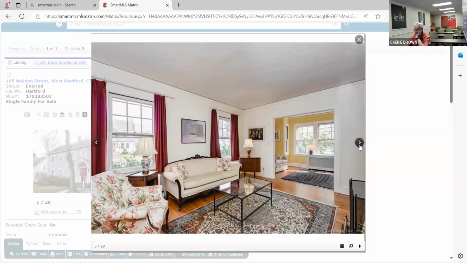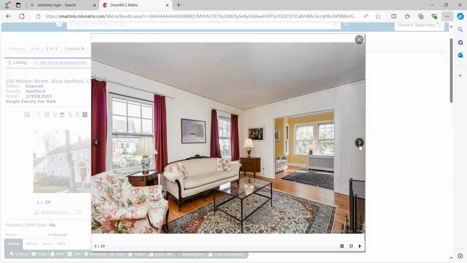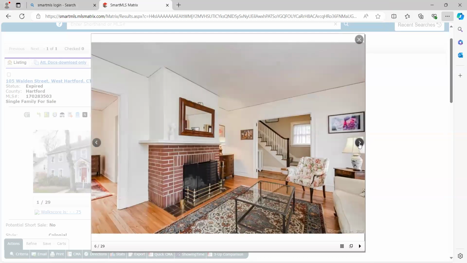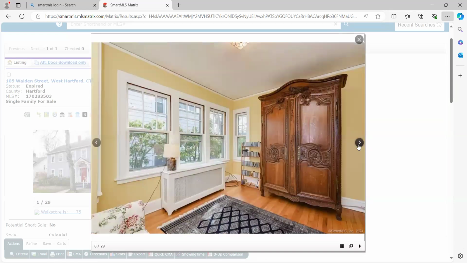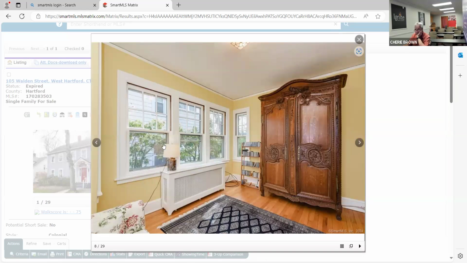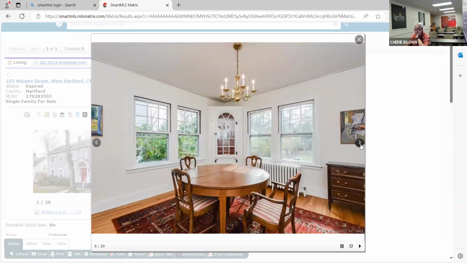Looks like it's a nice clean house. Yeah. Hardwood floors, good shape. You can tell at some point the windows, these aren't new windows, but they're certainly newer than 1926. So they were replaced at some point.